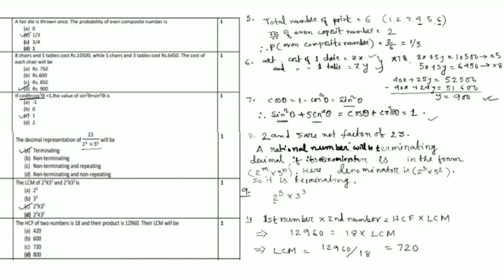Here the product is equal to 12,960. And here HCF is provided, it is 18, and we have to find out LCM. Therefore 18 into LCM equals 12,960, so LCM will be 12,960 divided by 18, and it will be 720. So option C will be the right answer.